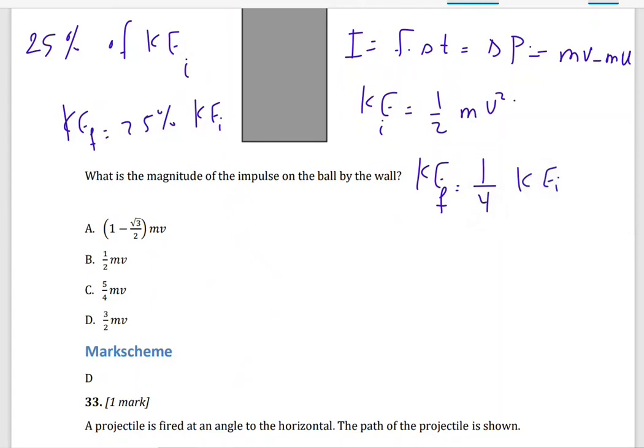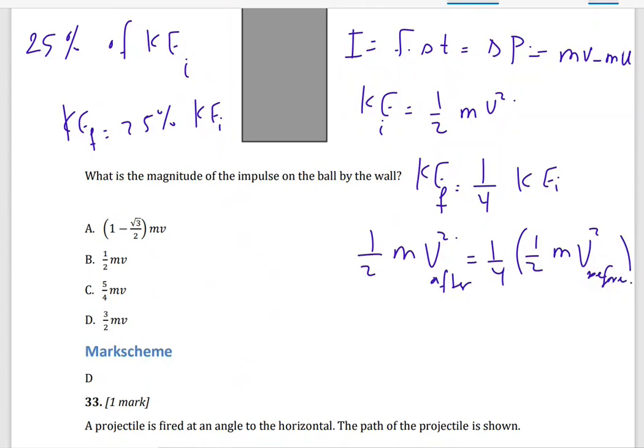So half m V after squared will equal 1/4 times half m V before squared.